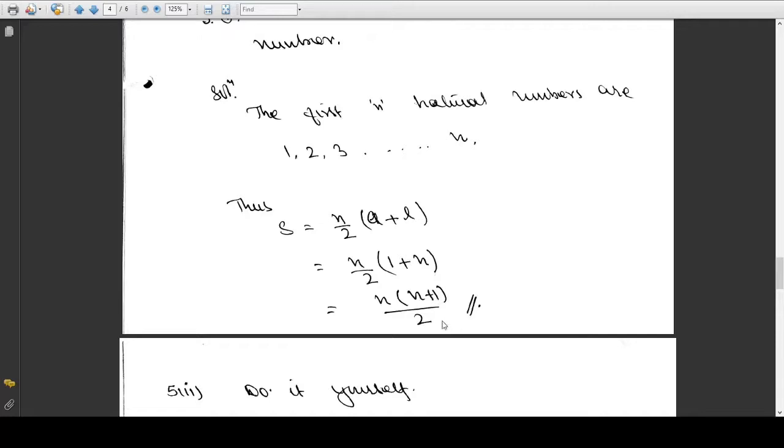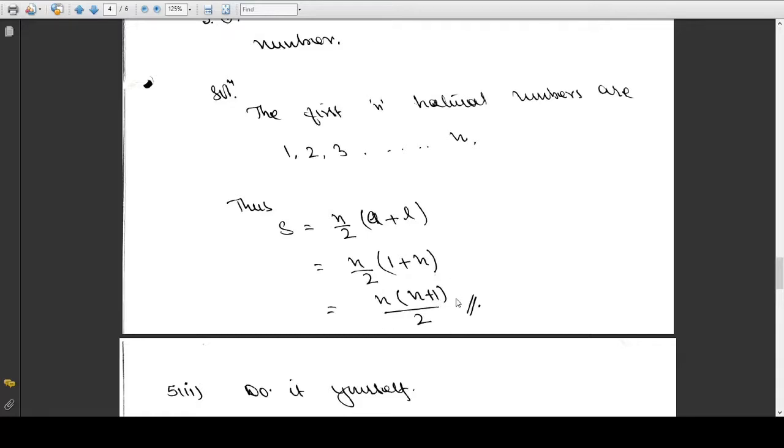Now suppose you find the sum of natural numbers up to 10. We'll use this formula. So the sum of natural numbers up to 10: n is 10, multiplied by 10 plus 1, which is 11, so 10 multiplied by 11 divided by 2.